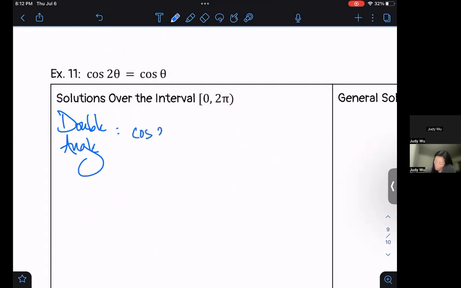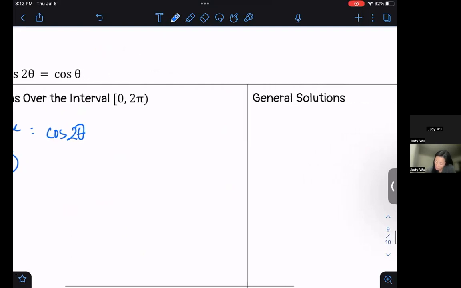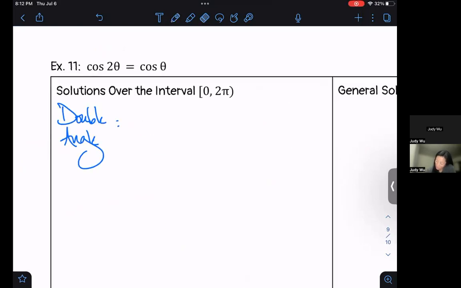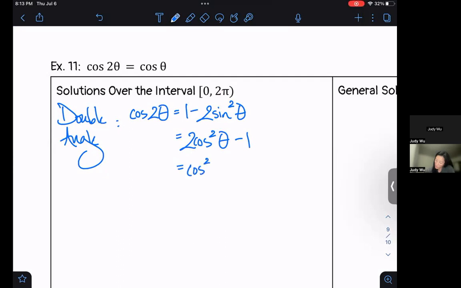So we can say that cosine 2 theta is equal to 1 minus 2 sine squared theta. That's one way we could say it. We could also say that it's 2 cosine squared, let me use thetas, not x's. 2 cosine squared minus 1. Or our third option is that we have cosine squared theta minus sine squared theta.